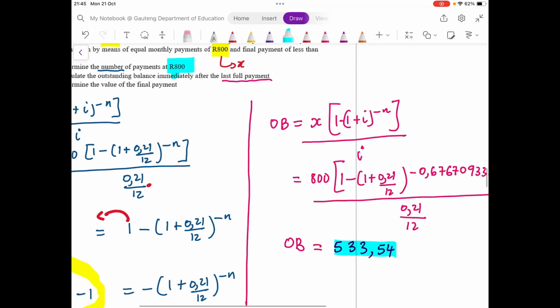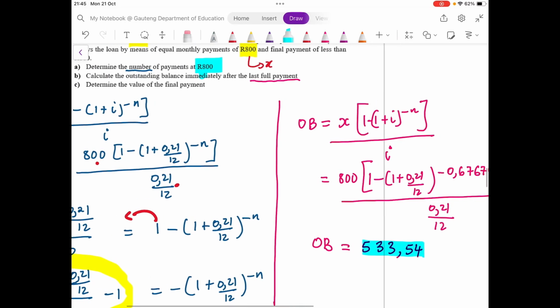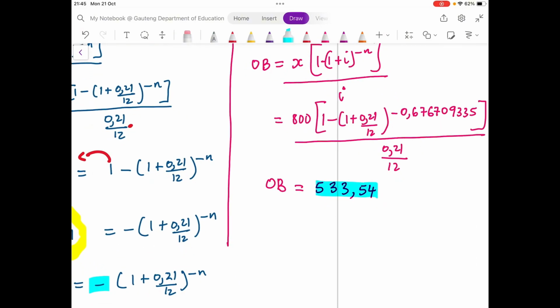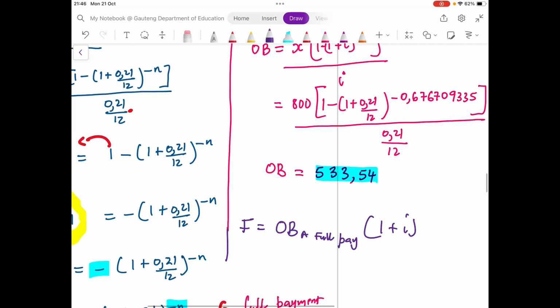Okay, let's check the last question. Determine the value of the final payment. So the final payment is given by the OB after the full payment into 1 plus I. So we multiply it by the interest of 1 period.